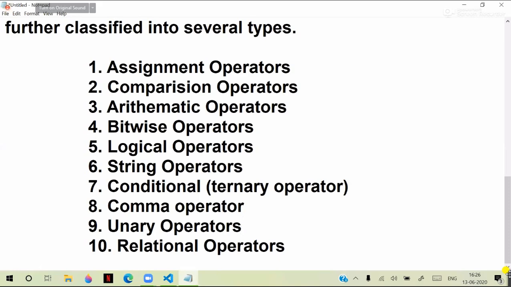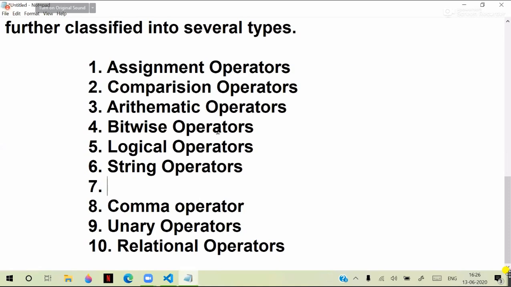So actually the comparison, logical, conditional, ternary, all under this, ternary comes under the category of special operators actually. So last we will see special operators. We have several special operators also.